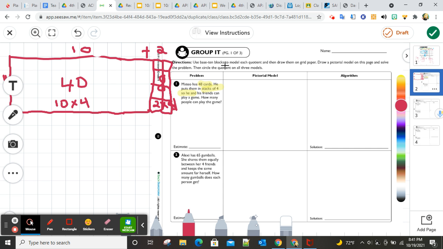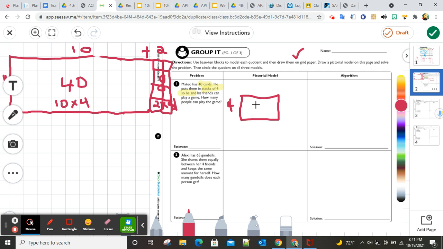Now, it says here that I'm supposed to draw it on grid paper, and really this is base 10 blocks because I did 4 rows of 10 and then 2 rows of 1s. When I draw my pictorial model, I don't have to put in my base 10, but I know this side is 4.